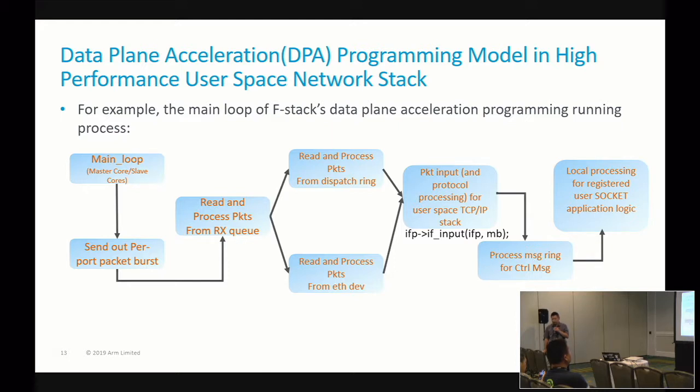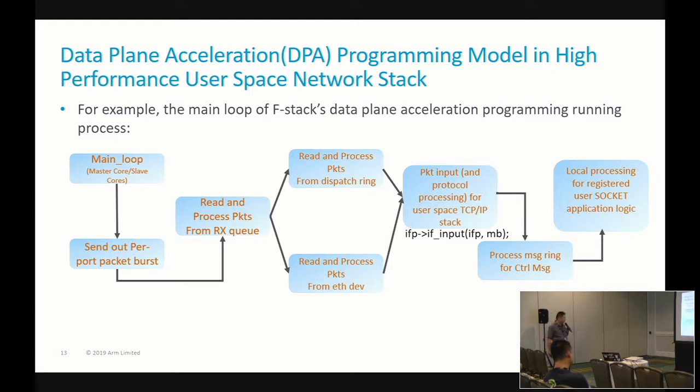It's a very well-known and well-used user space TCP/IP stack which supports DPDK with a high-performance user space network stack. From this picture, you can see that it completely follows the DPDK programming model.